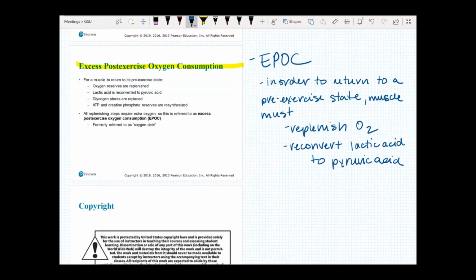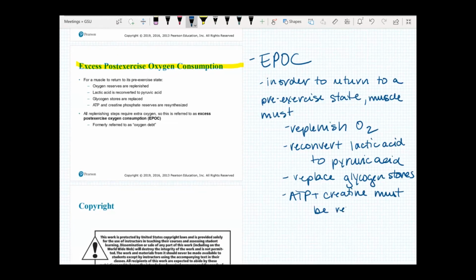And both aerobic and anaerobic use glycogen, so they must replace your glycogen stores. This is why they tell you to drink milk after a run, to help with this process. And whatever ATP and creatine phosphate you used must be resynthesized.